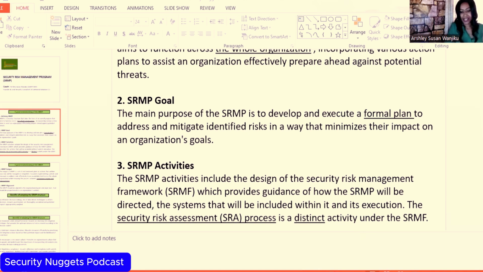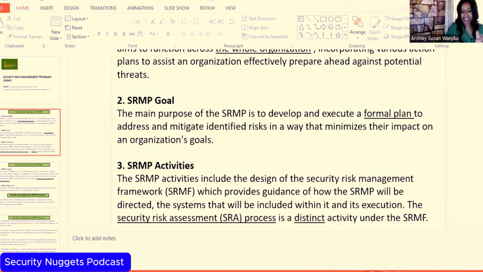Now, when we talk of the security risk management framework, basically we are talking of, in this security risk management program that we are developing, what is the architecture within the program? What is the backbone? What is the skeleton of the program? What are the areas that are going to be within it?